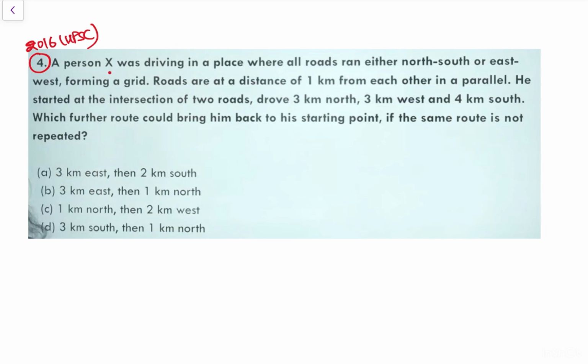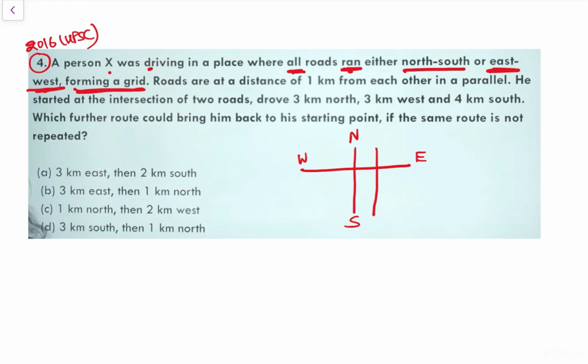A person X was driving in a place where all roads ran either north south or east west. ठीक है, so a person was driving in a place where all roads ran north south, all roads ran north to south, or east west, like east west, ठीक है, forming a grid.